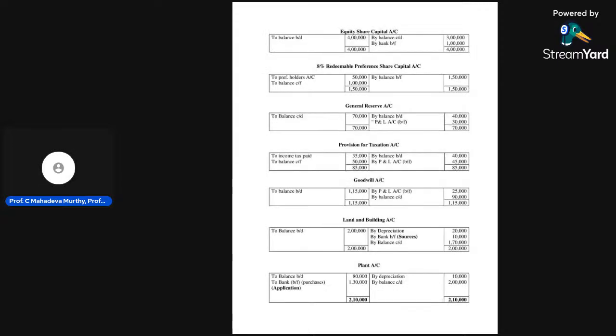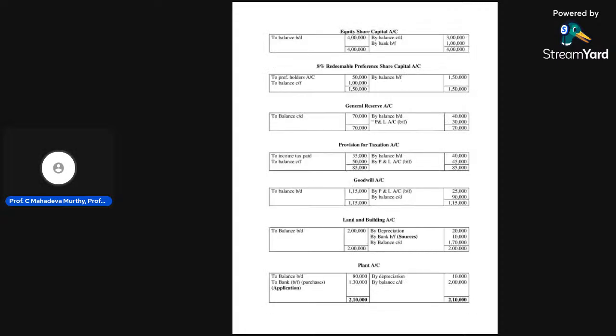This is the last step, the fund flow statement. What are all the sources? You see that, bank account and others. Equity share capital account, you can find that. See here, bank 1 lakh, that is equity share capital 1 lakh.